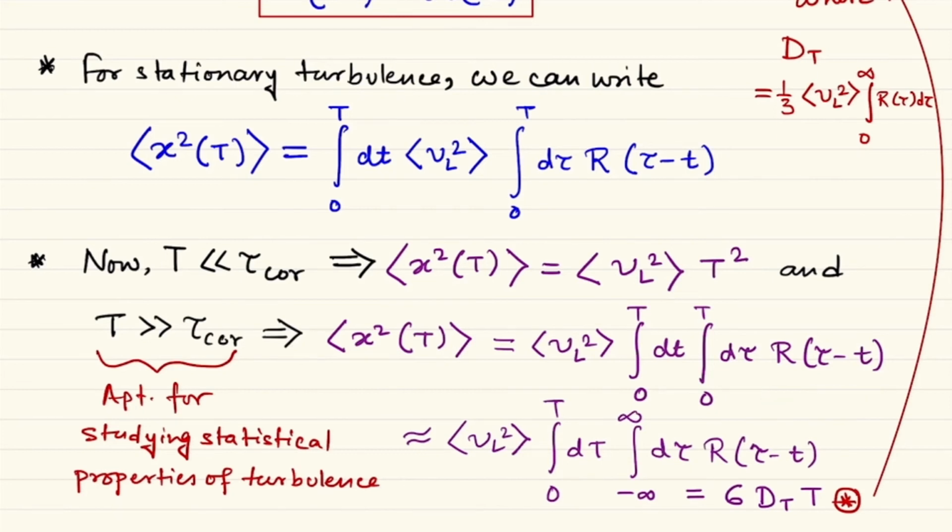There is no change, because let's say my correlation function is like that, sorry, not a very good drawing, and I say my t is here, for example.